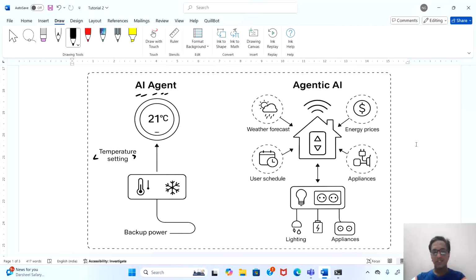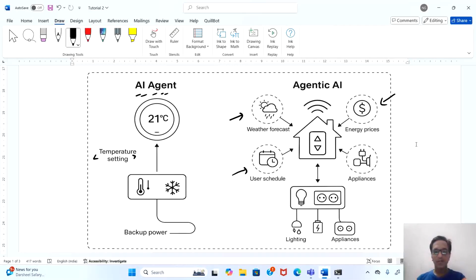However, on the right hand side, you can see another image that is of agentic AI, and there are so many agents working. One AI agent is related to weather forecasting, so it will update about the weather forecast. Another AI agent is related to the energy prices, so it will tell those. And if the user is looking for an AI agent as per the schedule, meetings, whatever for custom purposes.